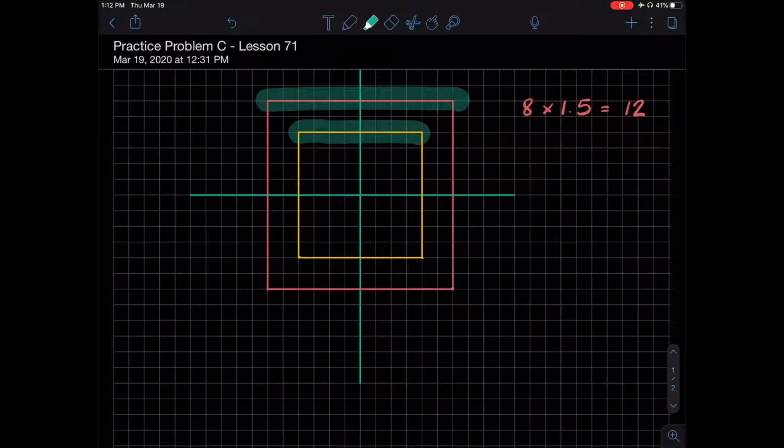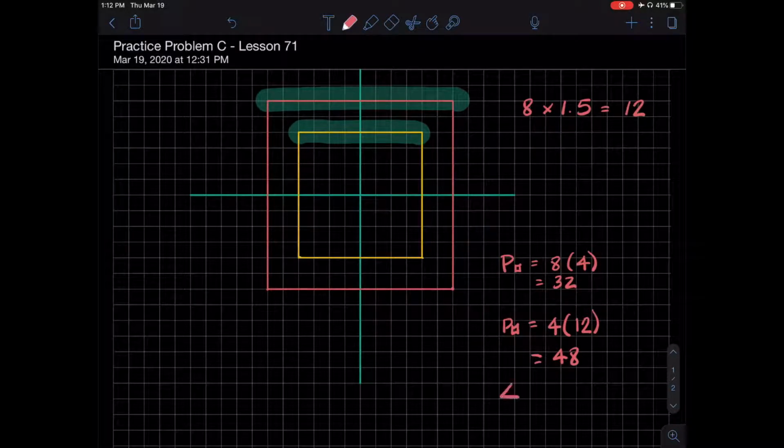Well, the perimeter is not that, the sides are that, so the perimeters will be this. The perimeter of the square is 8 times 4, which is 32, and then the perimeter of the big square would be 4 times 12, which is 48.